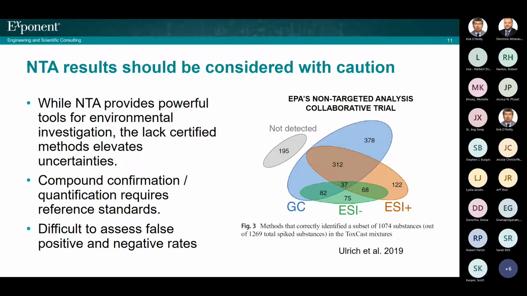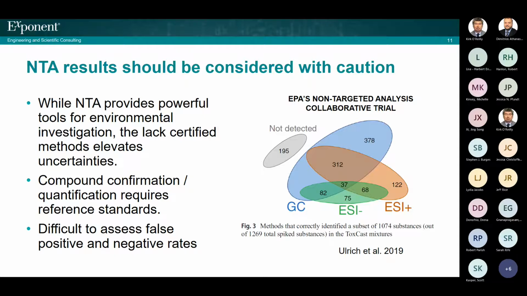They're doing a multiple lab study where they made a spike standard with 1,269 compounds, and they're showing here how many compounds were identified by each of these different methods. The spooky thing is that only 37 were identified by all 3, some weren't identified at all, and others were identified by just one or the other. So we still don't understand false negatives and positives in a lot of these methods.